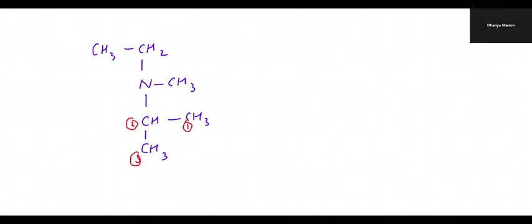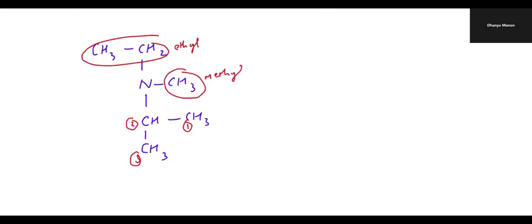Okay, so we have an ethyl group connected to the nitrogen. We have a methyl group connected to the nitrogen. And we follow the alphabetical order while naming.